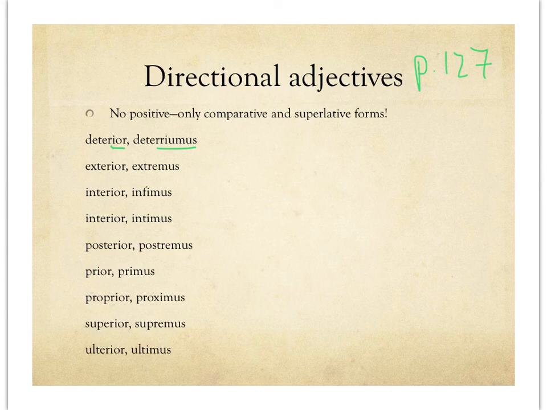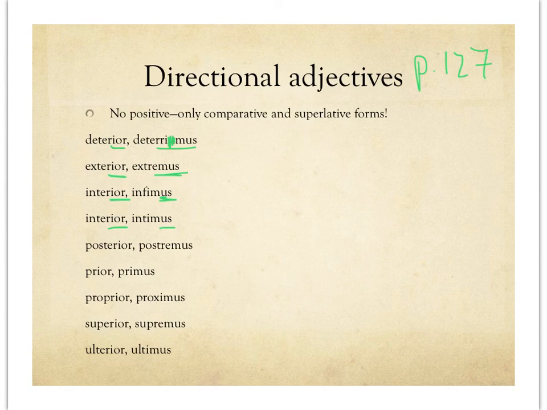This has an extra, I don't know why I put this extra U in there, but this has an -ior, -mus, -ior, -us, -ior, -us, right? Those are super regular. The only thing you need to know is what they mean.